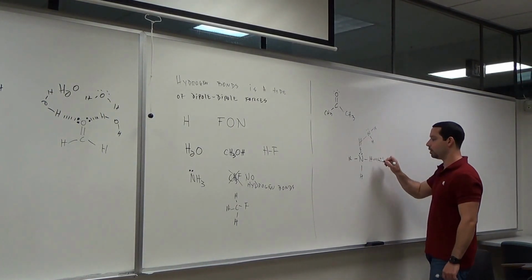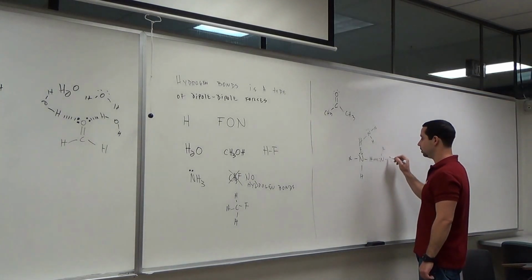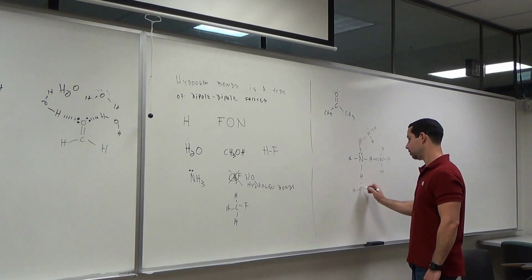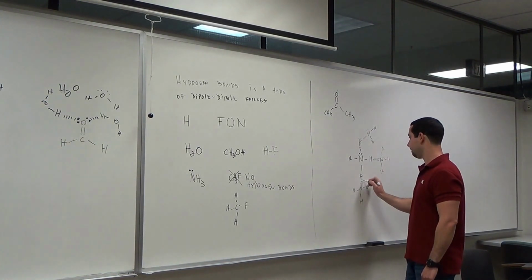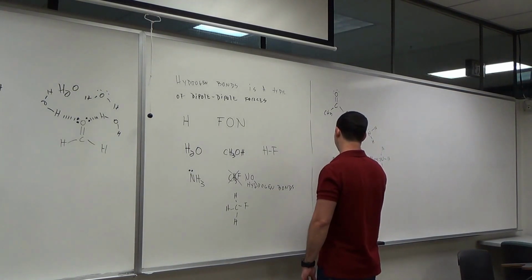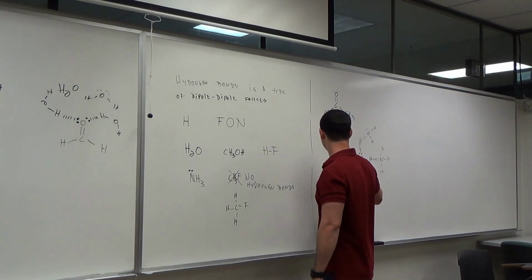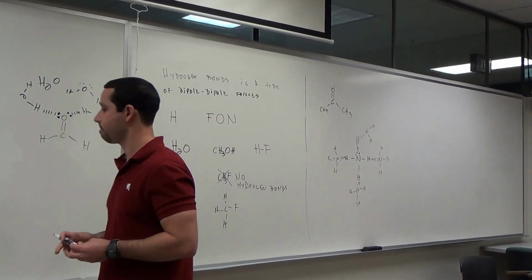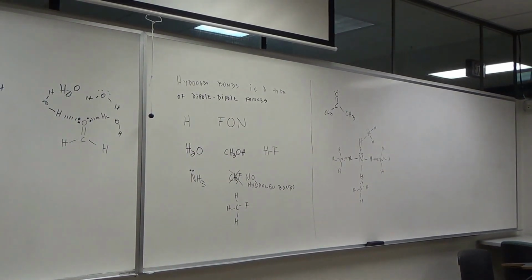And what's going to be pointing towards this hydrogen? Nitrogen. What's going to be pointing towards this? Nitrogen. And what's going to be pointing towards this? Professor, even if the hydrogens in the original structure didn't have lone pairs, they still make hydrogen bonds.